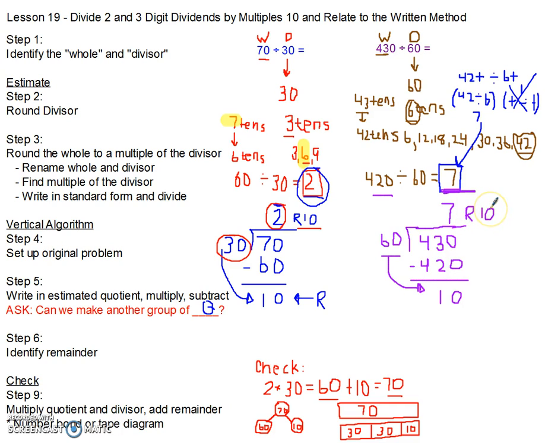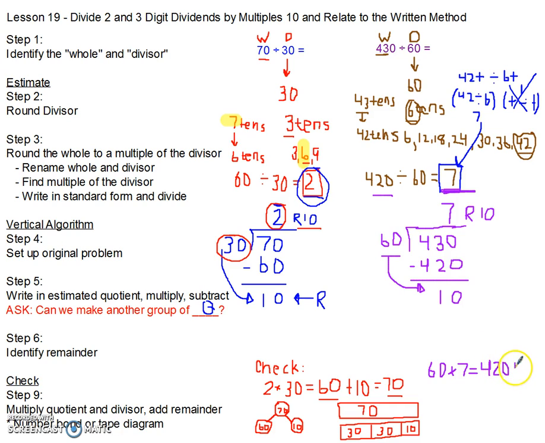Now we want to check our answer down here. So I take 60 times 7, which is our divisor multiplied by our quotient, and that would equal 420. And remember, the purpose of this is to make sure that we did our multiplication and division correctly.